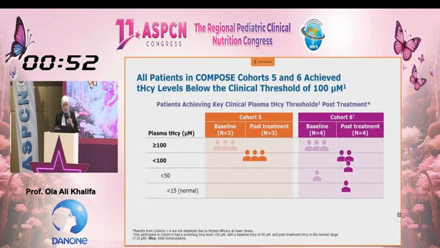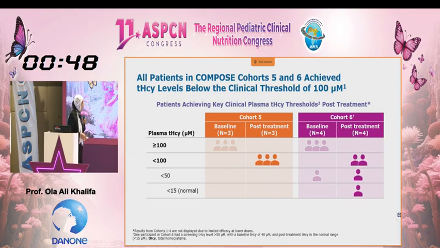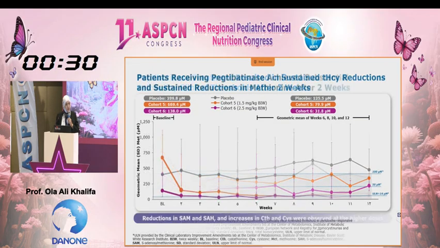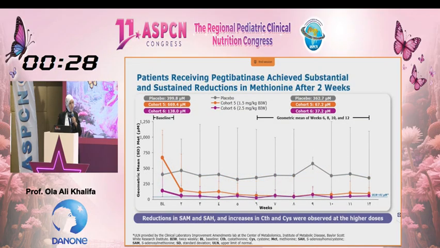And like what Professor Mouin has mentioned for the Blanzic, they found that one patient in cohort 6 reached a level of homocysteine below normal, so they needed to add some natural or intact protein to this patient's diet to increase the homocysteine level.